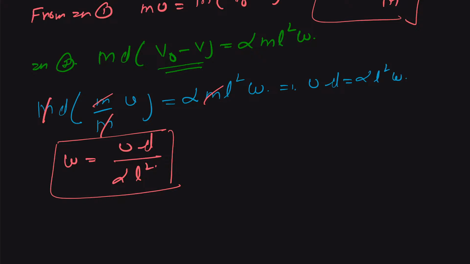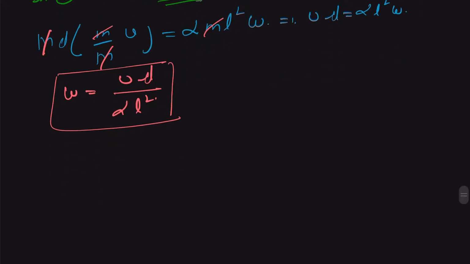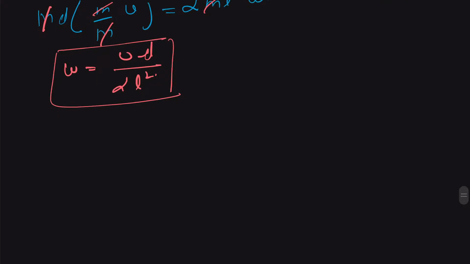Now we are going to solve for capital velocity V as well as small velocity v, meaning after collision the velocity of the center of mass as well as that for the ball. So we are going to use equation 3 and substitute the value of omega.